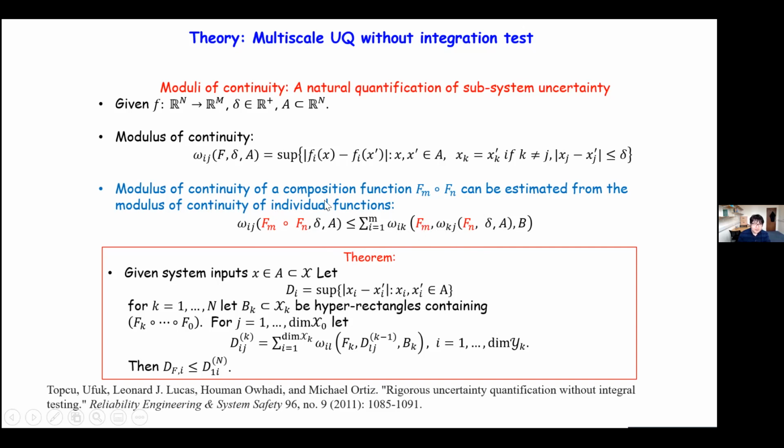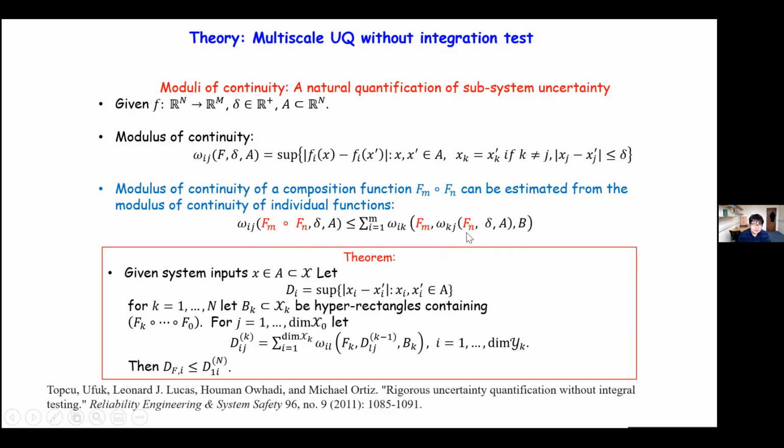And mathematically, you can rigorously show that if we decompose this Fm and Fn using this modulus of continuity approach, this would be a rigorous upper bound, meaning that the value of the modulus of continuity associated with Fm composed with Fn is always going to be smaller than this bound using this subsystem uncertainty formula Kj.